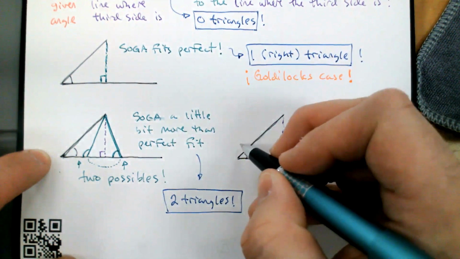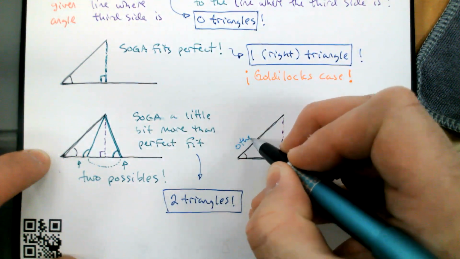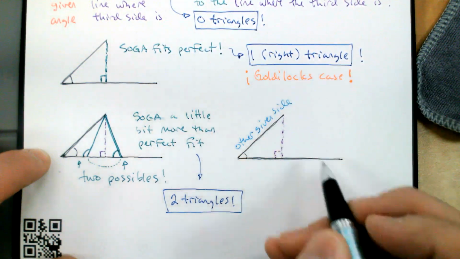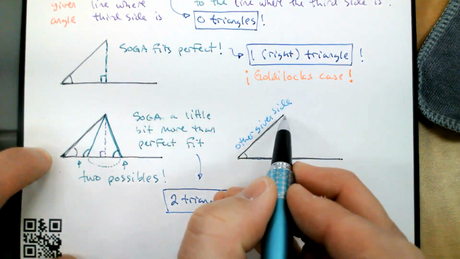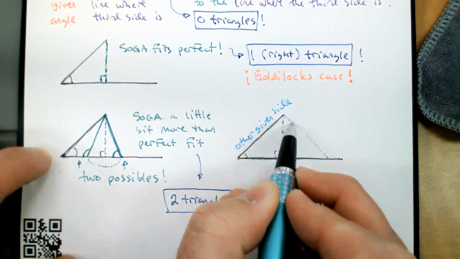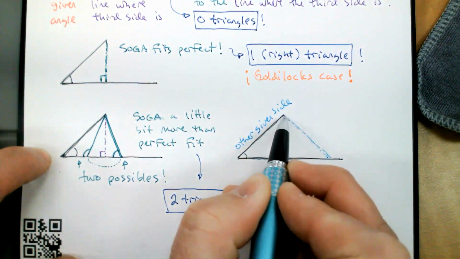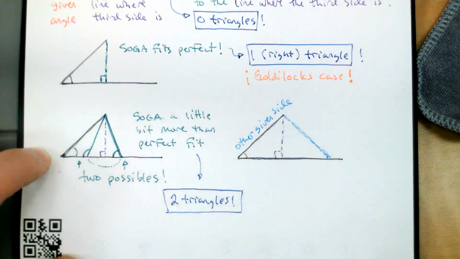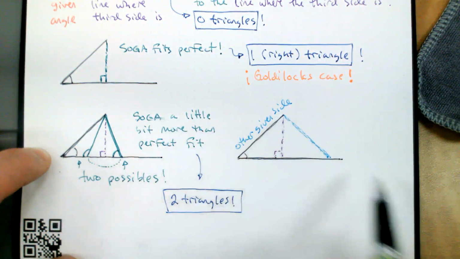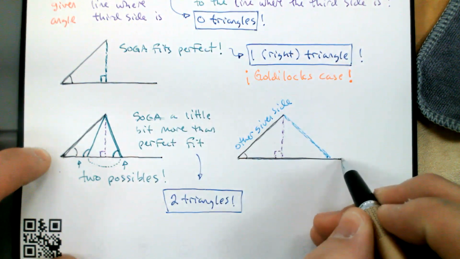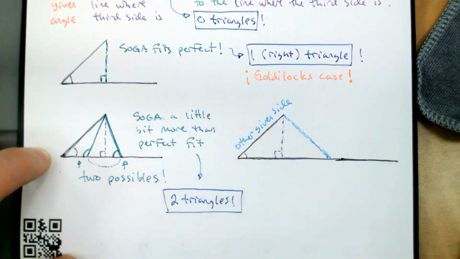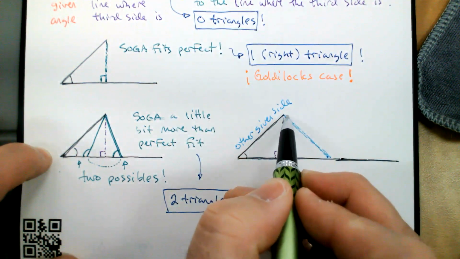So here's the other given side. If I make another side the same length, if the side opposite the given angle is greater than the other given side, I'm only going to be able to make a triangle going this other direction.